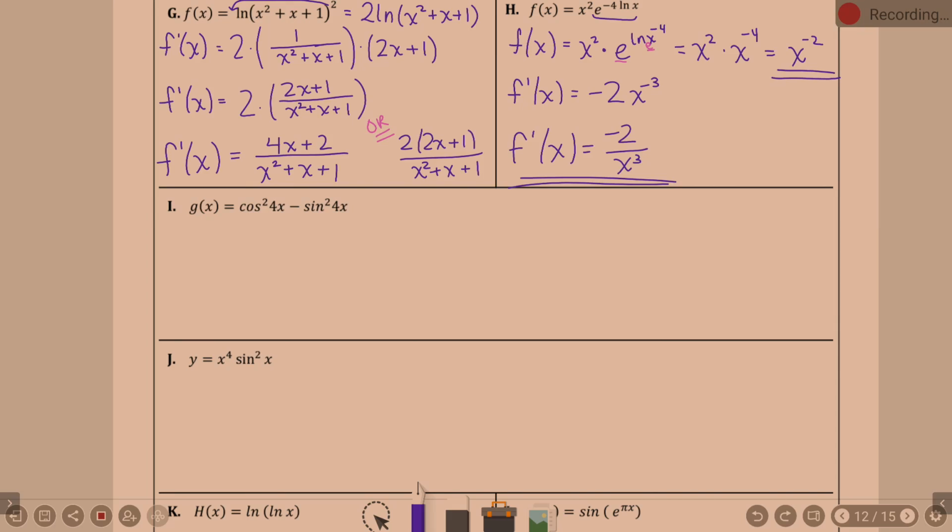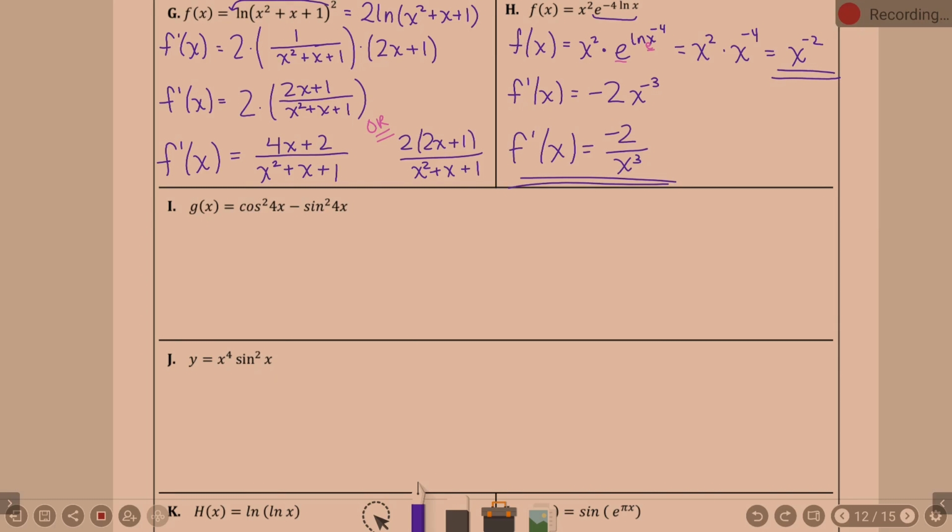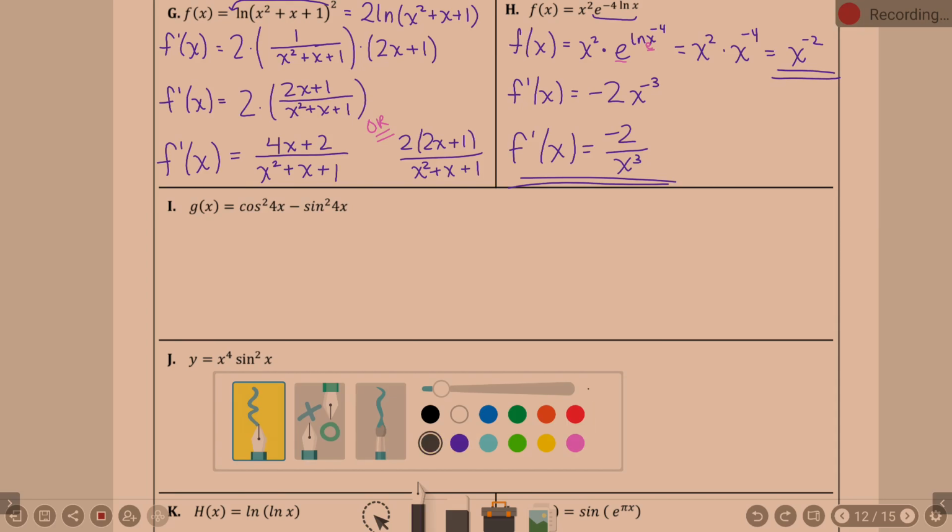Okay, ready for the next one? As ready as it's going to get. So, what do you know about cosine squared 4x minus sine squared 4x? What's another way to think about those squareds?